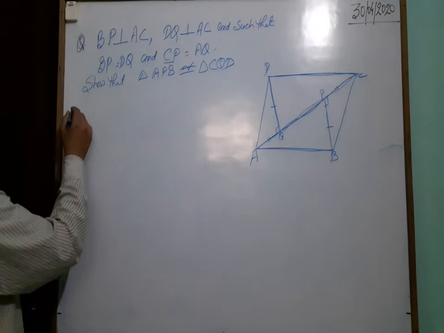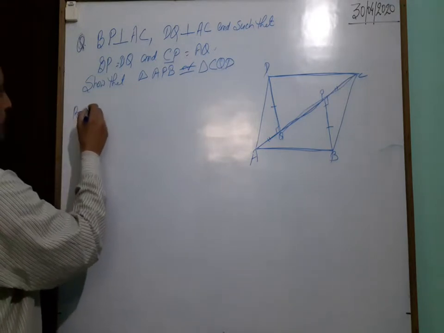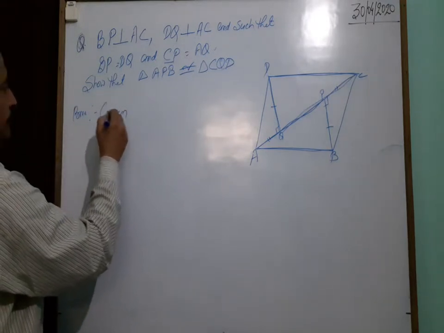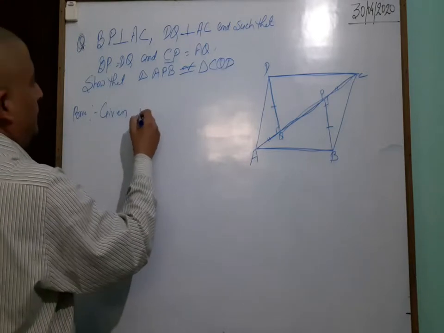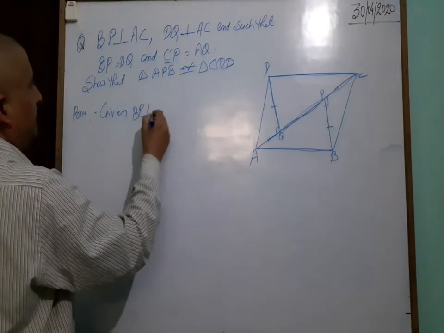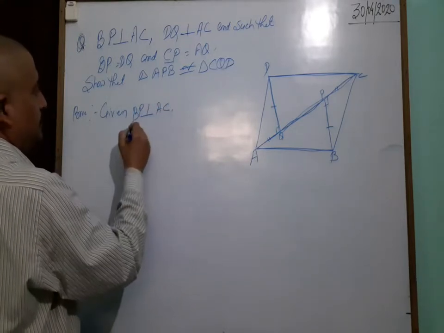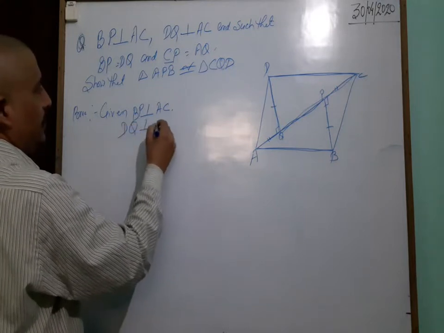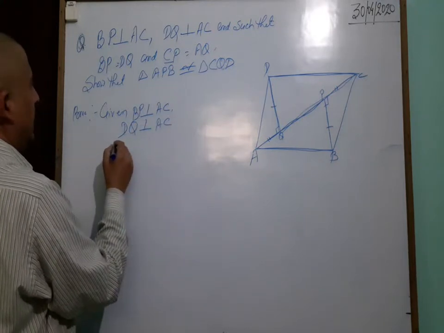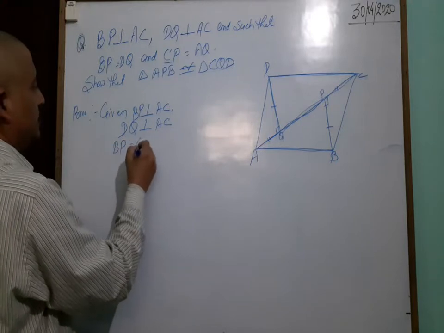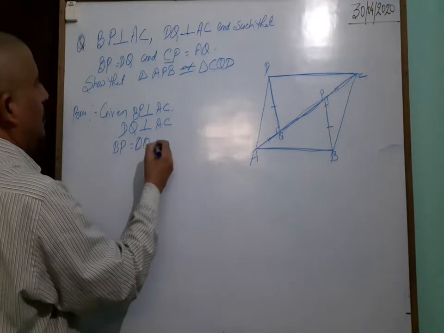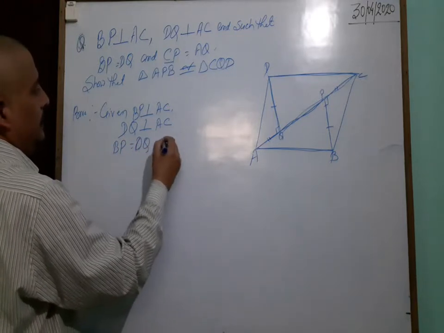So given BP perpendicular to AC, DQ perpendicular to AC, and BP equals DQ and CP equals AQ.